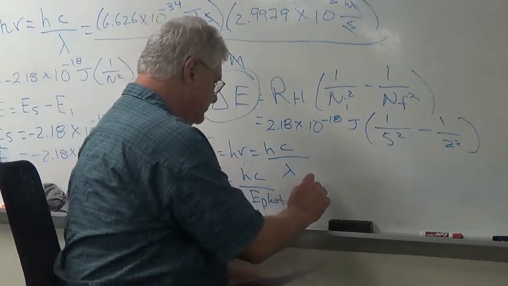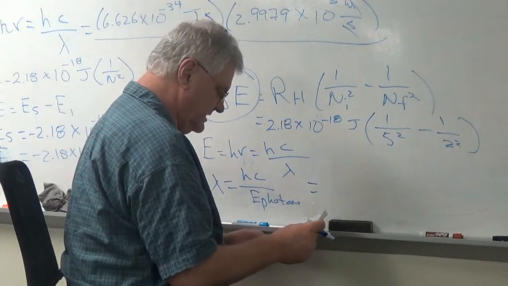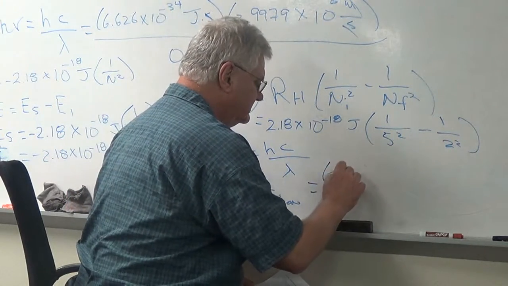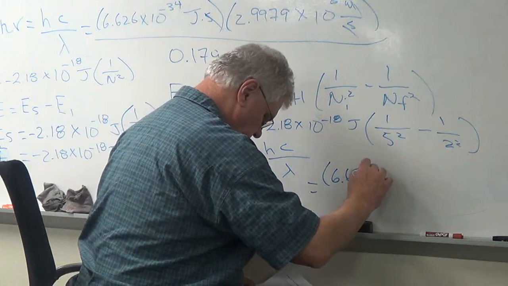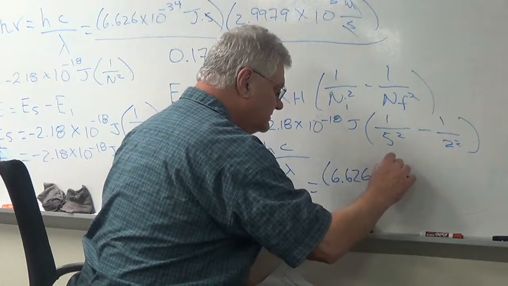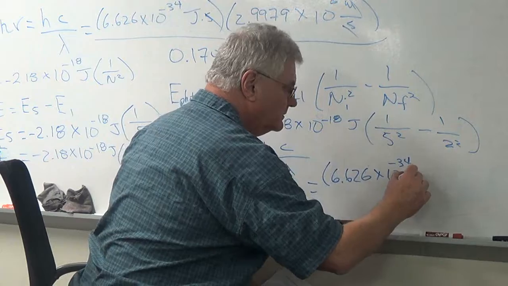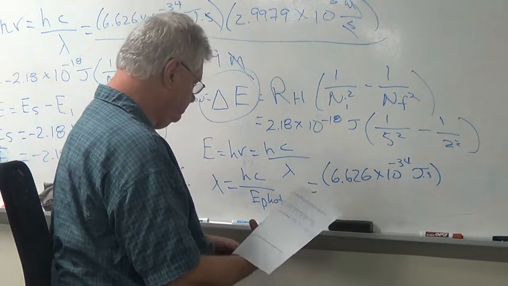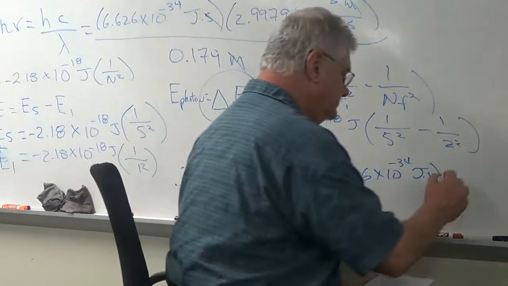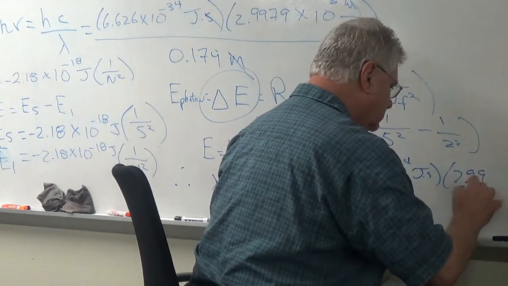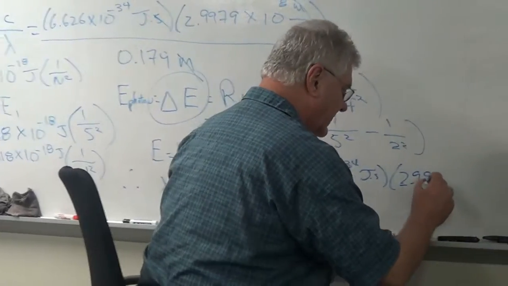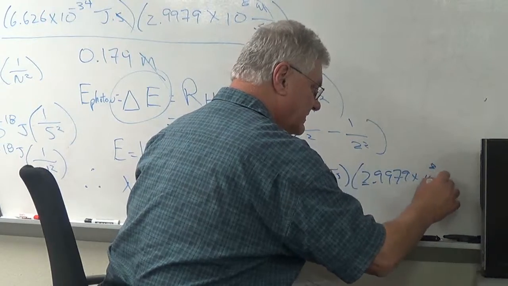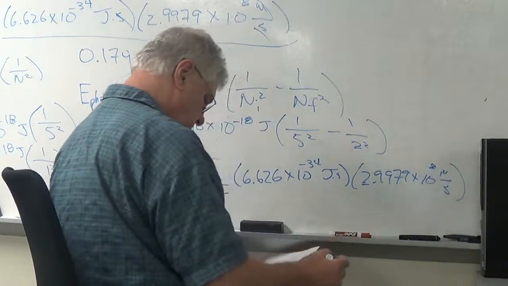And I don't know if you want me to insert those values. We have Planck's constant is 6.626 times 10 to the minus 34 joule seconds. Okay. We know the speed of light is 2.9979 times 10 to the 8th meters per second. Okay.